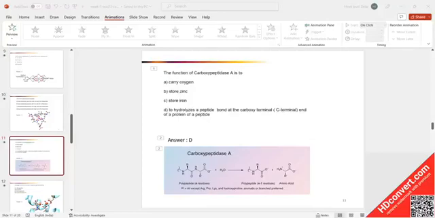So this is a very basic general structure of myoglobin. It is a dioxygen binding metalloprotein. Okay, so I think it's clear. Let's move to the next question.